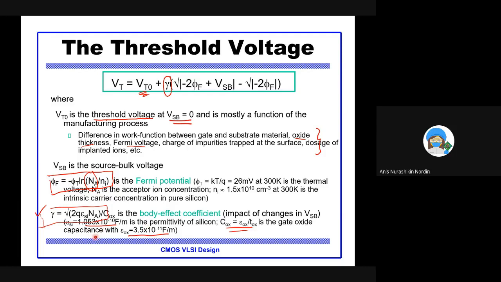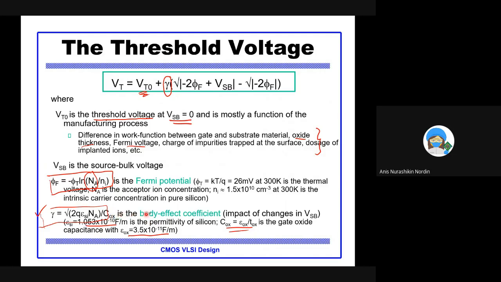So you have the concentration, how many carriers are in the bulk right now. If your body is doped at a high concentration, the higher the number of carriers in there, the higher the body effect coefficient gamma.